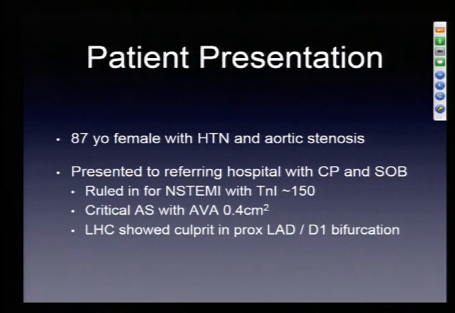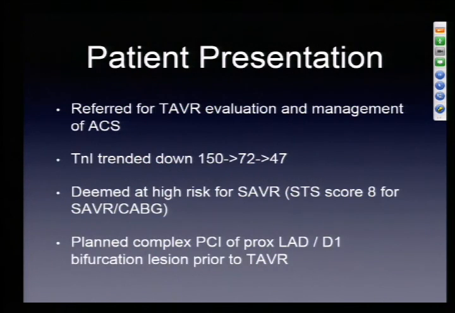She was noted to have critical AS with a valve area of 0.4. And they did a diagnostic coronary angiogram, and that showed a culprit lesion in the proximal LAD and at the bifurcation with the first diagonal branch. So she was referred actually down to Washington University for transcatheter aortic valve replacement evaluation and for management of her acute coronary syndrome.